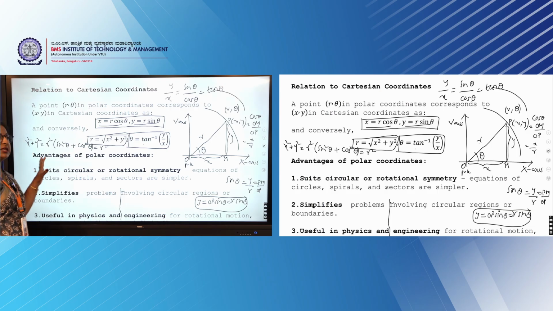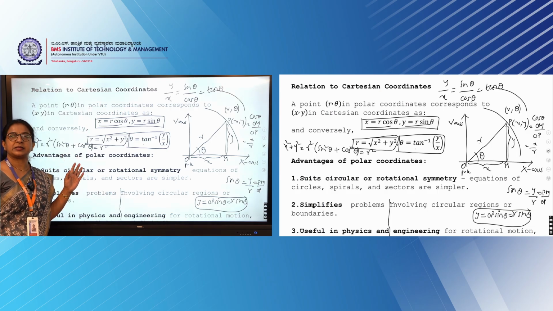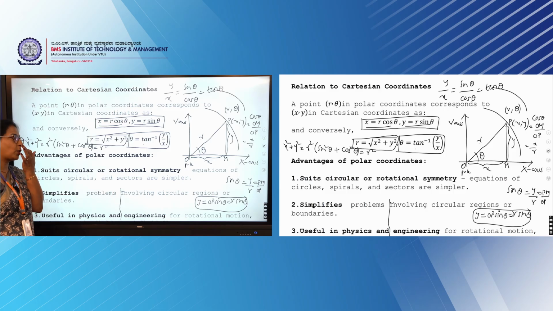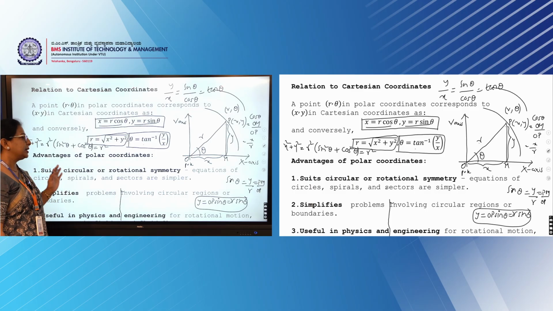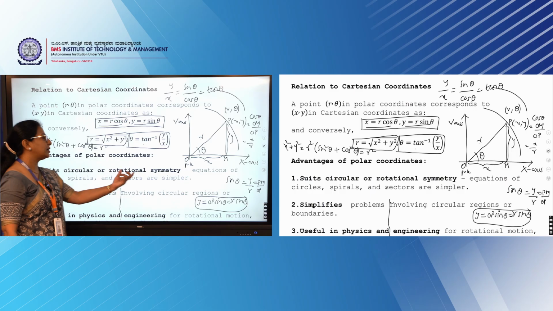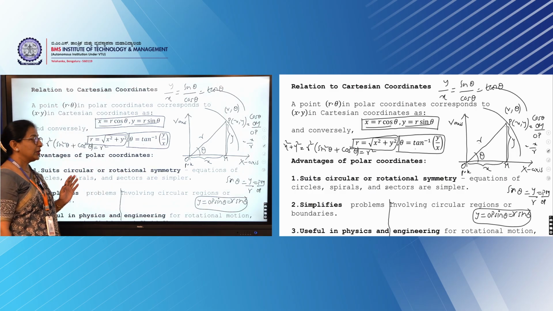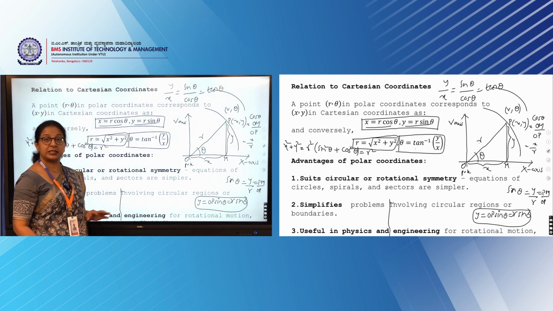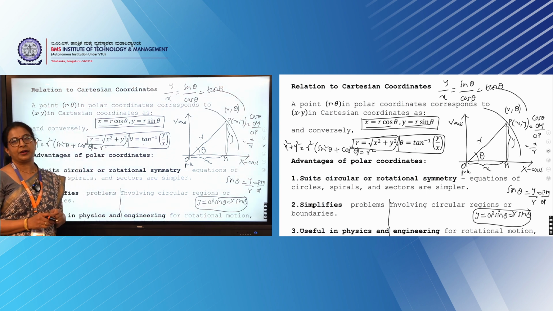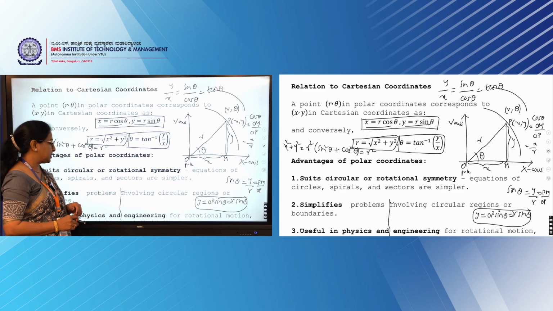So what are the advantages of the polar coordinate system? Why do we need a polar coordinate system? It suits circular or rotational symmetry, meaning it is applied where we have a circular or rotational symmetry. So the equations of circles, spirals and sectors are simpler in the polar coordinate system compared to the Cartesian coordinate system.